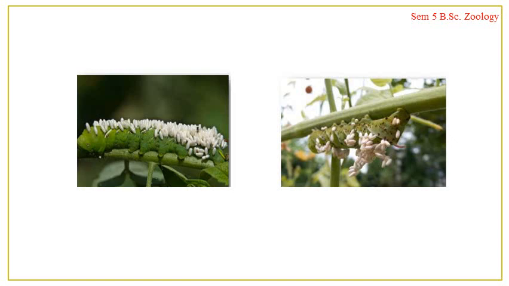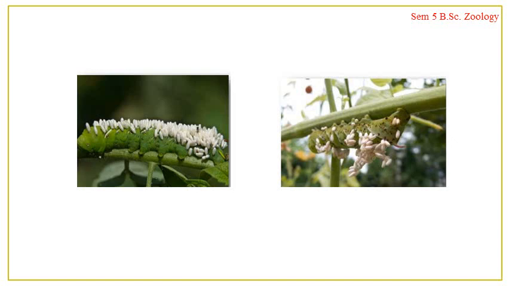Now when the parasitoid larva is ready to pupate, it comes out and pupates in this way. So what you can see in the figure, the white structures, are actually the pupae. So it is pupating outside. By the time the parasitoid has reached the pupa stage, the caterpillar may also have completed its larval life.